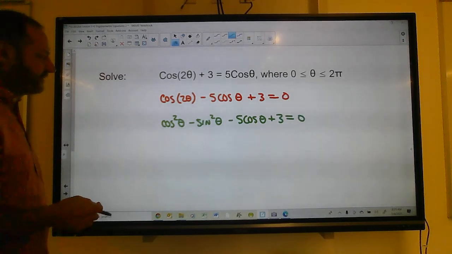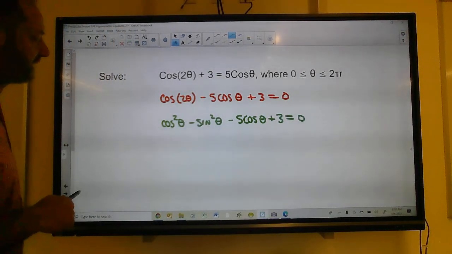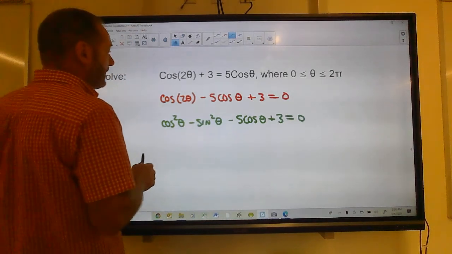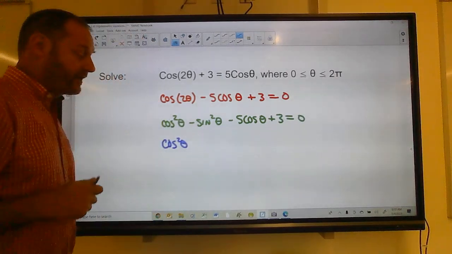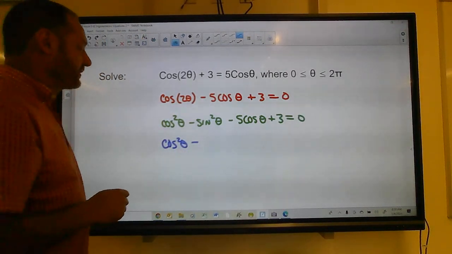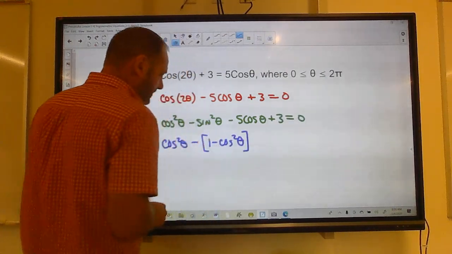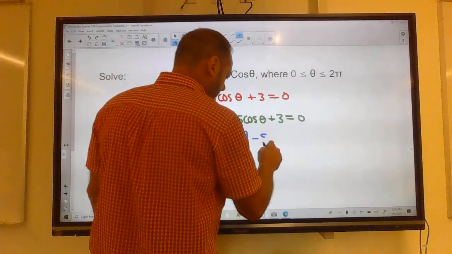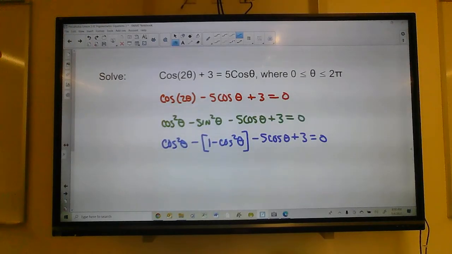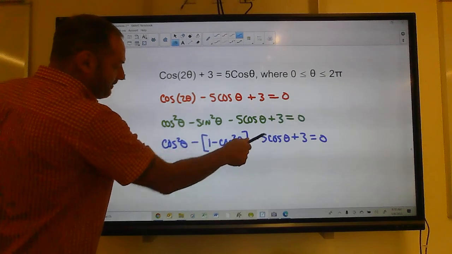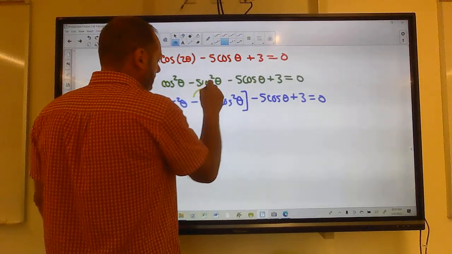You might say, well, that doesn't really help you much because now I got sines in there. But remember, I can convert this to sines. Okay, so this is going to be cosine squared theta. Remember, sine squared theta is 1 minus cosine squared theta. So I can substitute this for this. And now I've got everything into cosines, and they're all the same angle in the cosine. So let's combine like terms.